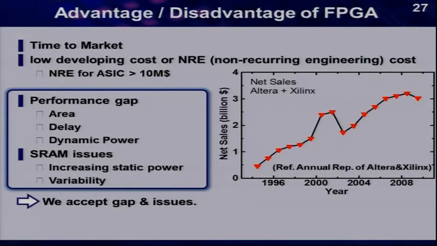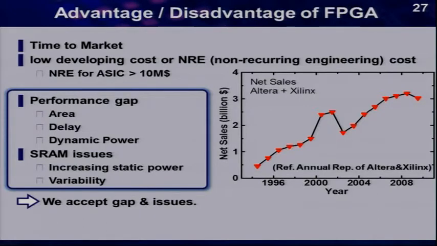Despite these advantages, FPGA has several issues listed here. First one is a large chip size, signal delay and increase in dynamic power. FPGA also suffers from the increasing static power or variability in SRAM.